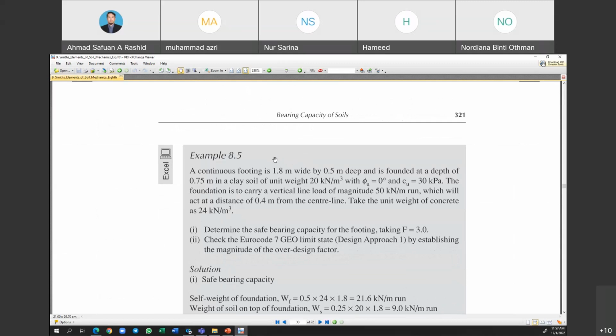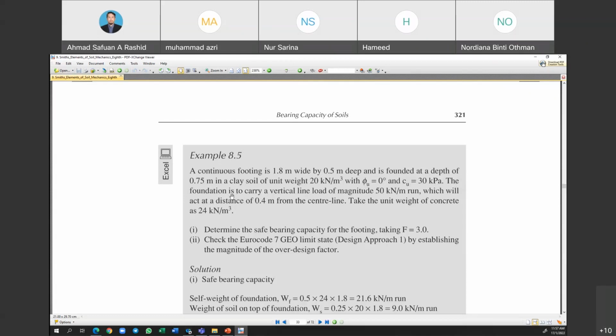Continuous footing means a strip footing, so the length is very large compared to the width, and we can consider L equal to infinity. B is 1.8 meter and the thickness is 0.5. It is founded at a depth of 0.75 in clay of unit weight 20 with phi 0 and Cu 30.